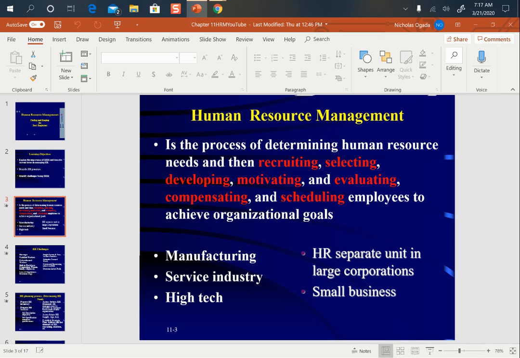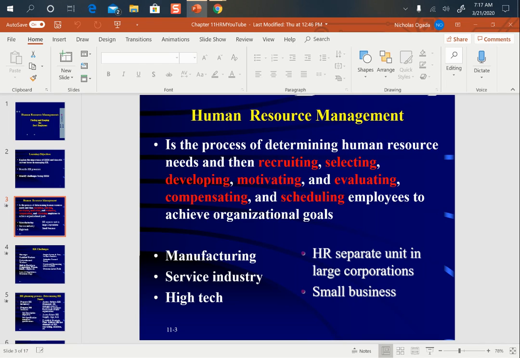But that's not our goal here. Our goal is just to understand what human resource management is and compare it with what you've gone through at your workplace, and see whether there's some similarity between what you see here and what you experience at the workplace.